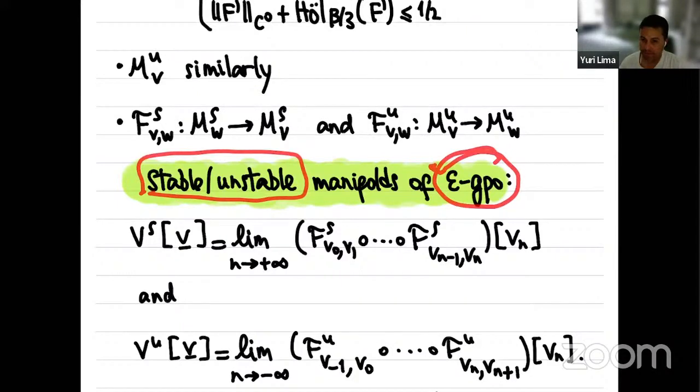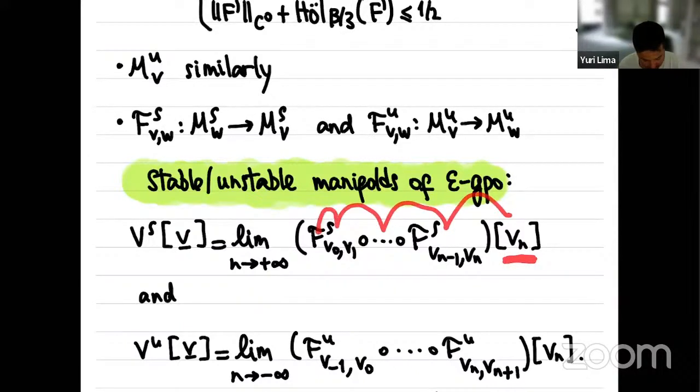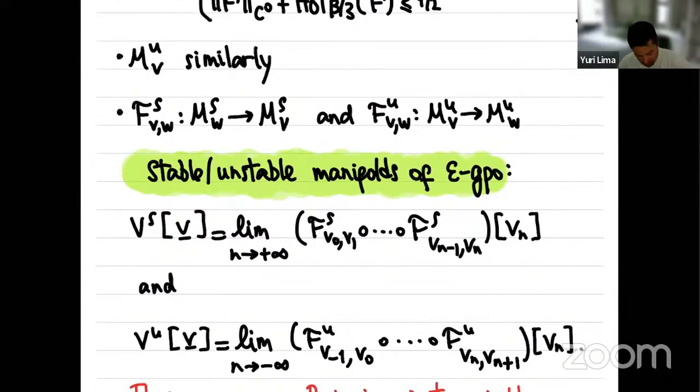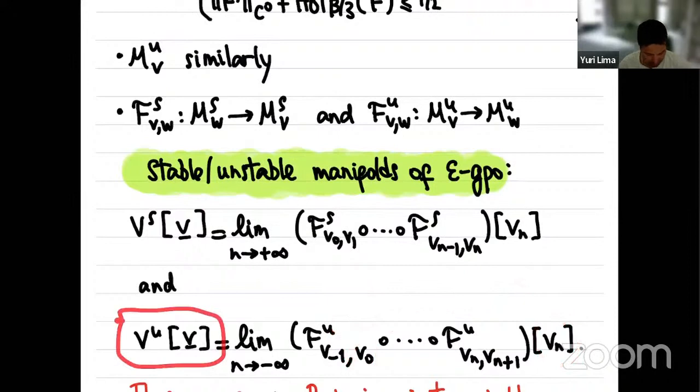The stable one, what do we do? We go far in the future, consider any almost horizontal graph, and then pull it back to the zeroth double chart, which is V0. Take the limit, this thing converges, and it will be the stable manifold of this epsilon generalized pseudo orbit. Same thing for the unstable: you go far in the past, and then you push it to the zeroth position, and then you take the limit, and you get the unstable manifold of this epsilon generalized pseudo orbit.